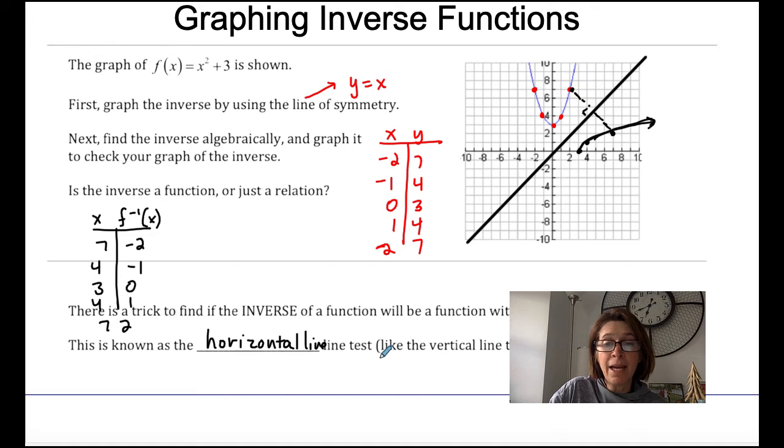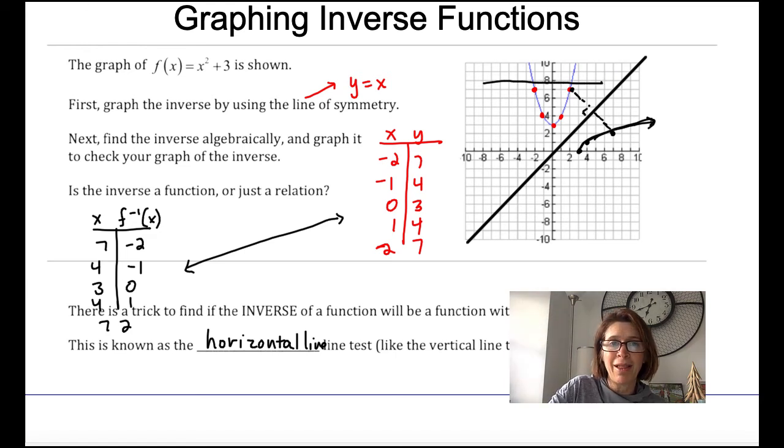I want you all to think about why that makes sense. I want you to think about what inverses are, what we do to the x's and the y's, and why a horizontal line test would tell me, meaning if I draw a horizontal line through this, whether or not its inverse is a function. Okay, we're going to talk about that tomorrow in class.